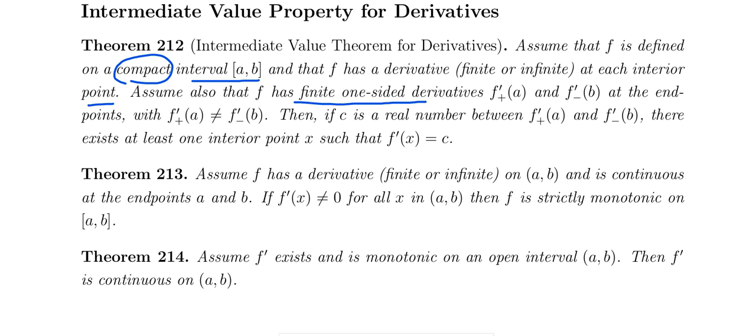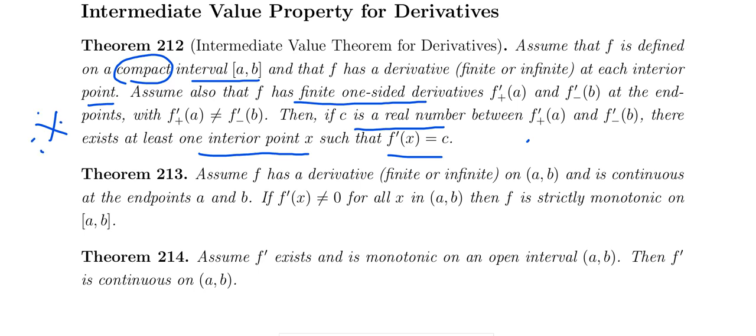If c is a real number between f'(a+) and f'(b-), then there exists at least one interior point x such that f'(x) equals c. That is called the intermediate value property for the derivative. That is very important.